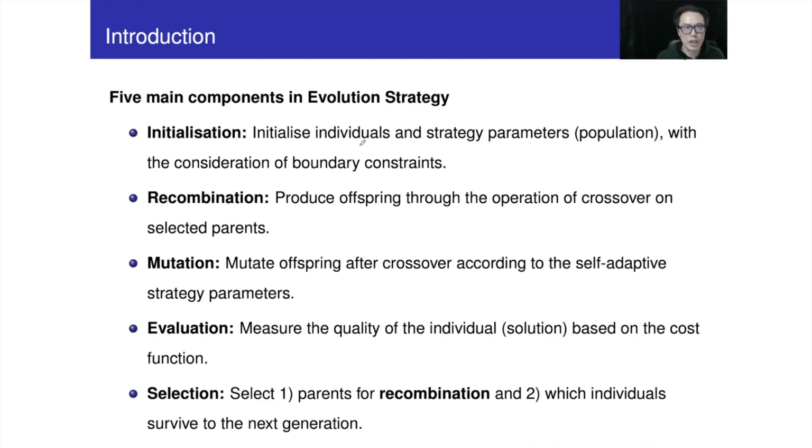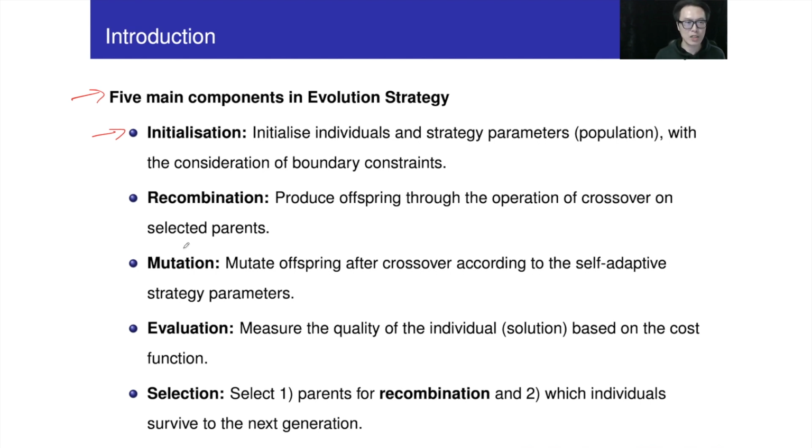And in the coming discussion, we will talk about these 5 main components. So initialization, that is the way we initialize the population, which involves the strategy parameters as well as the individuals, that is the decision variables. Actually, the first step, we usually generate them randomly.